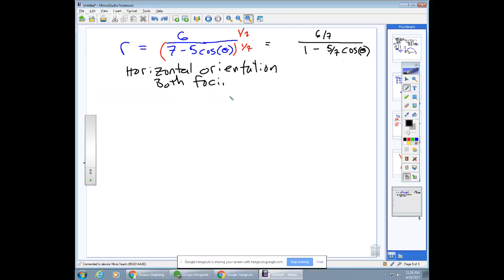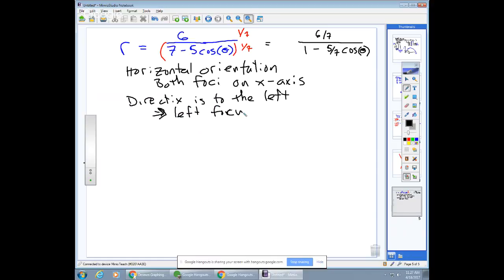The negative tells me that the directrix is to the left. And that tells me that the left focus is at the pole.